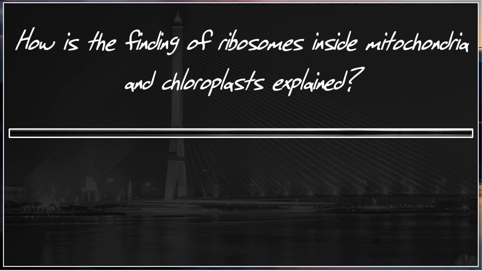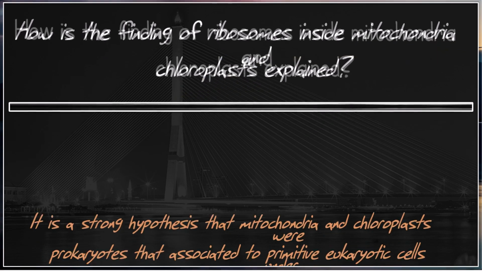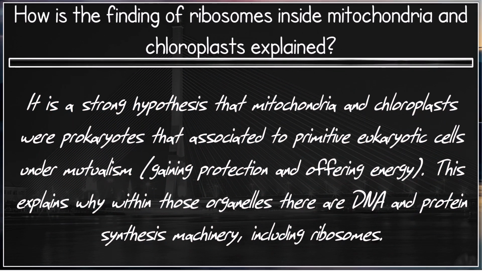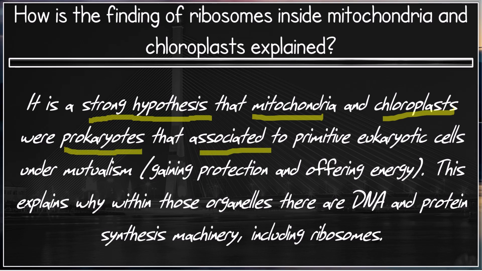How is the finding of ribosomes inside the mitochondria and chloroplast explained? It is a strong hypothesis that mitochondria and chloroplasts were prokaryotes that associated to primitive eukaryotic cells under mutualism, gaining protection and offering energy.